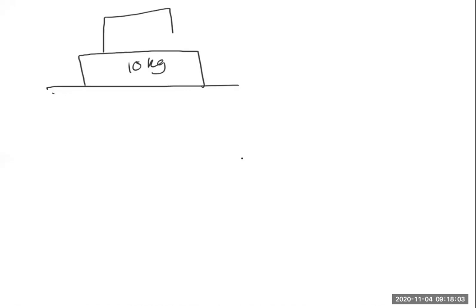हाँ, तो the question that I had given was something like this. There were two blocks, 10 kg. There is a 2 kg block. There is a force of 10 Newton on the 2 kg block.